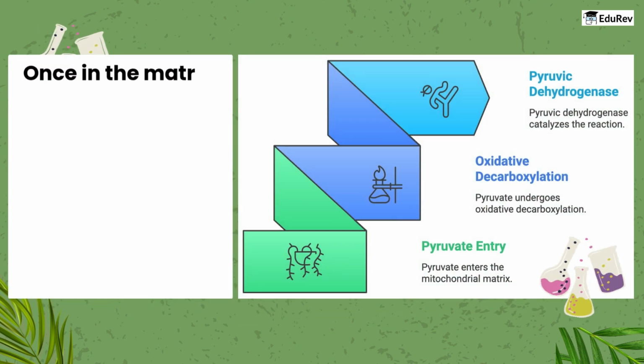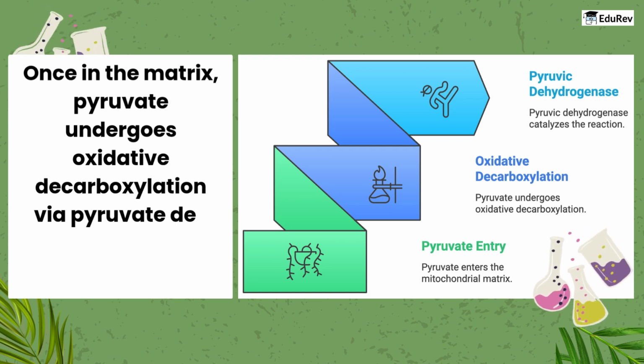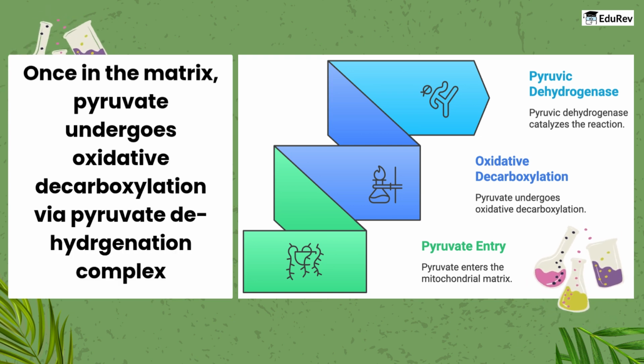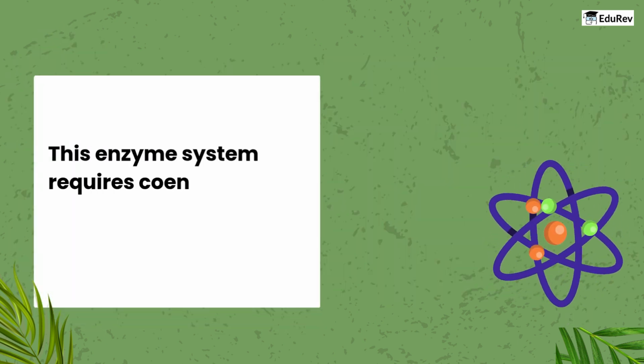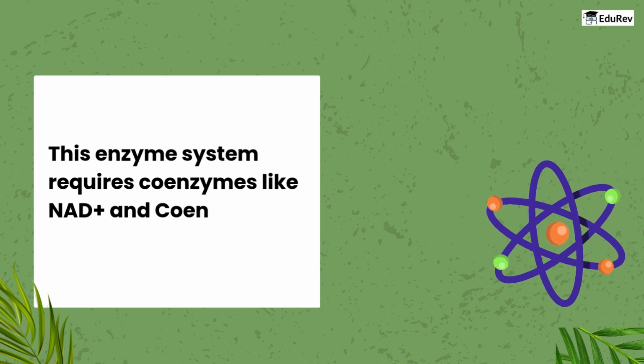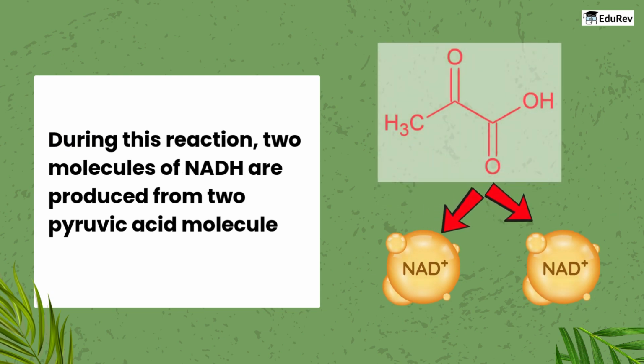Once in the matrix, pyruvate undergoes oxidative decarboxylation via the pyruvate dehydrogenase complex. This enzyme system requires coenzymes like NAD+ and coenzyme A. During this reaction, two NADH molecules are produced from two pyruvic acid molecules.